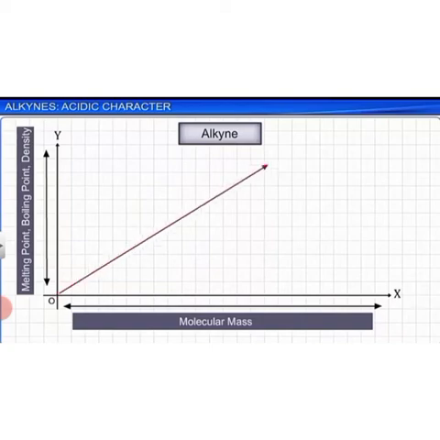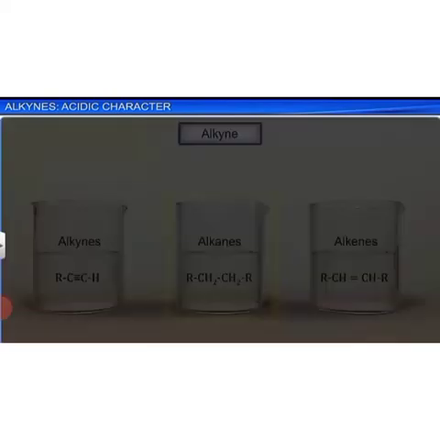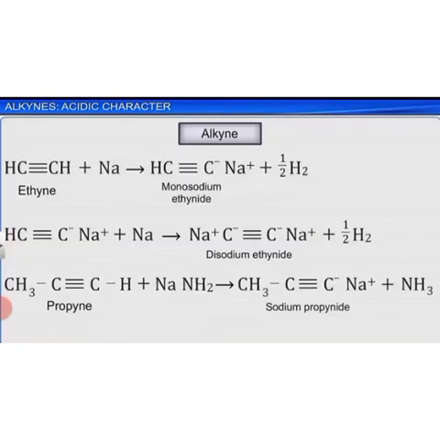Coming to their chemical properties, alkynes exhibit more acidic behavior than alkanes and alkenes. For example, sodium metal reacts with ethyne, forming monosodium ethanide and disodium ethanide.